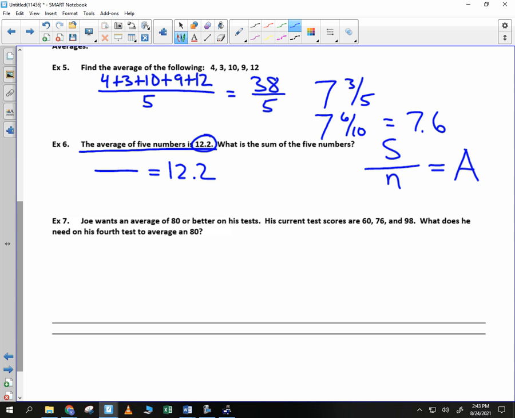how many numbers are we adding up? 5. And we're wondering what the sum is. So that's our equation. Sum divided by 5 is equal to 12.2. If we want to solve that equation, what do you do to both sides? Times by 5.